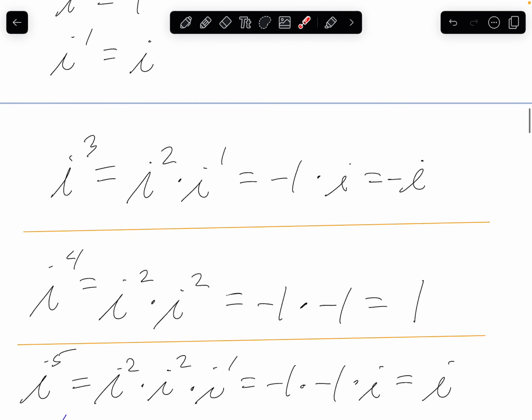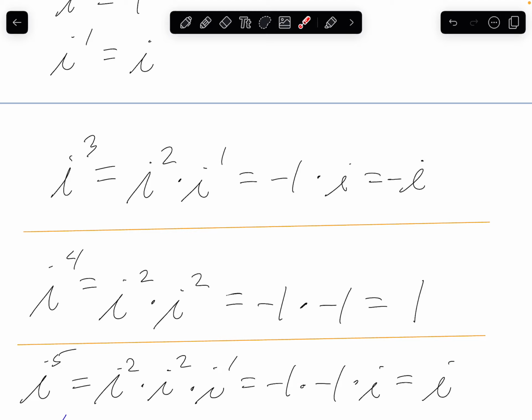Let's look at i to the 5th. i to the 5th you can break up in any manner you want to. Again, as long as these exponents add up to 5, we can use 2 plus 2 plus 1 to get 5, which means we'll be getting -1 times -1 times i, and that's equal to just positive i, because -1 times -1 is positive 1.